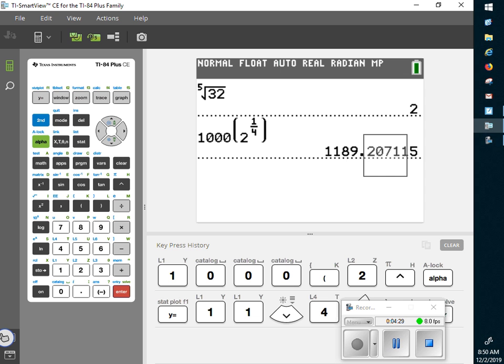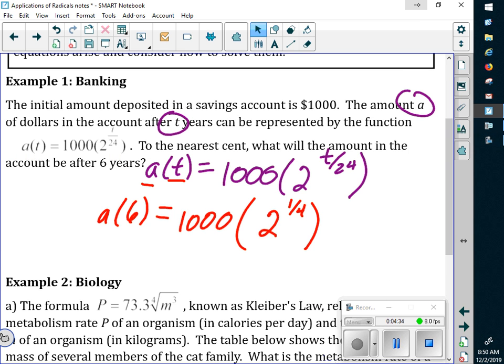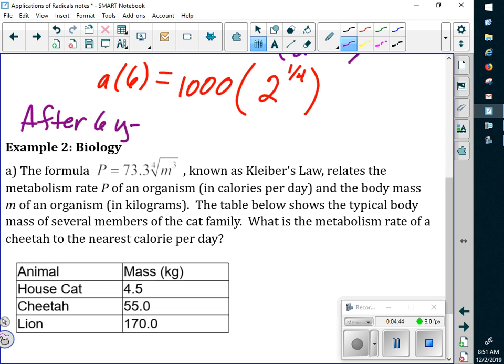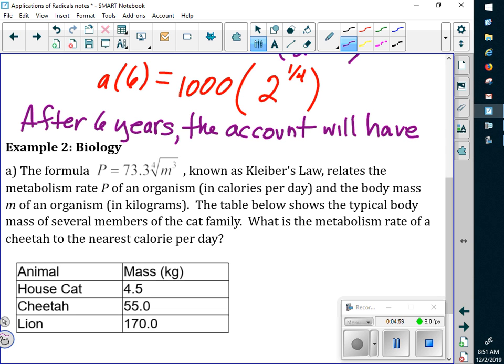So on your paper, 1189.21, you will write a sentence and you will say, after 6 years, the bank will have $1,189.21 in the account.